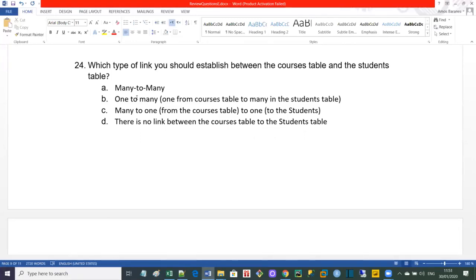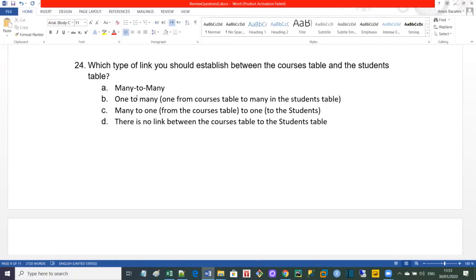Or in other words, can a row in the courses table that represents a specific course be linked to several students? The answer is also yes. So I have one-to-many from the students to courses, and I have one-to-many from the courses to students. And the only way I can do that is by putting a bridge table as we studied, and the connection will be called many-to-many. Okay?